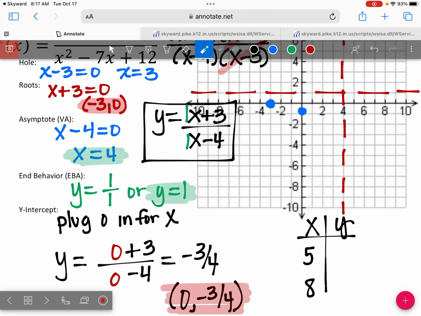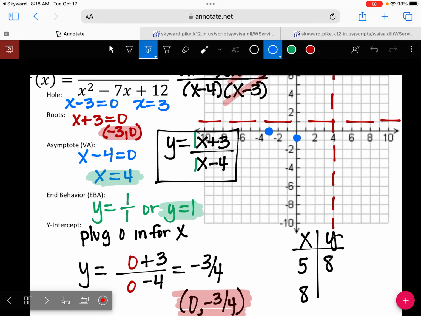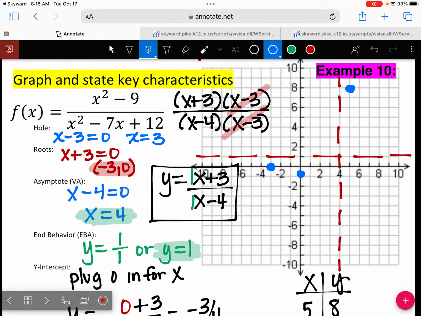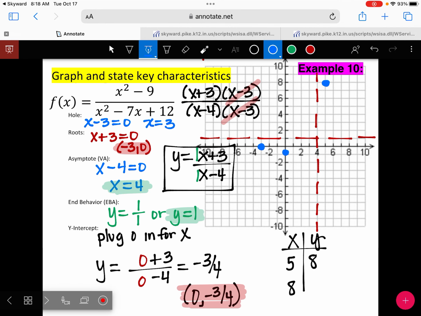So when you plug in, or substitute is the mathematical word, when you substitute in a 5, that would be 5 plus 3, which is 8. 8 divided by 1 is 8. Who got 8 for that first point? All right, let's go ahead and put a point at 5, 8. And then when you plug in the 8, okay, 8 plus 3 is 11.